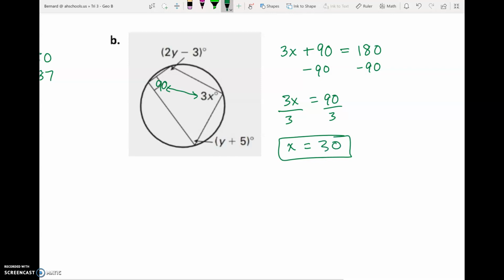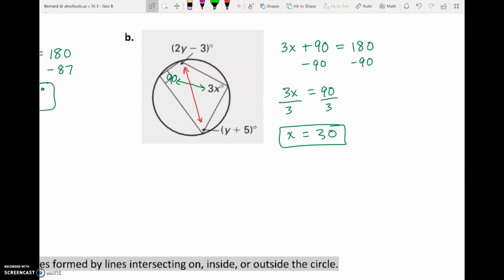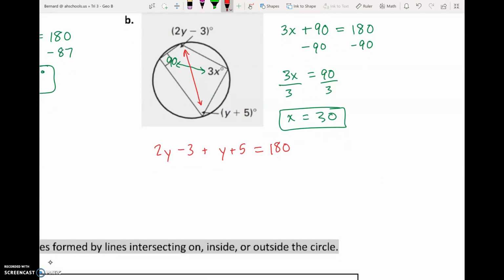Perfect. And then the last one, the 2y minus 3 and the y plus 5 are across from each other. Remember, we want to add them together. So we'll go 2y minus 3 plus y plus 5, and together they equal 180. So we'll combine like terms. 2y, 1y gives us 3y, minus 3 and plus 5 gives us a plus 2, and that equals 180.